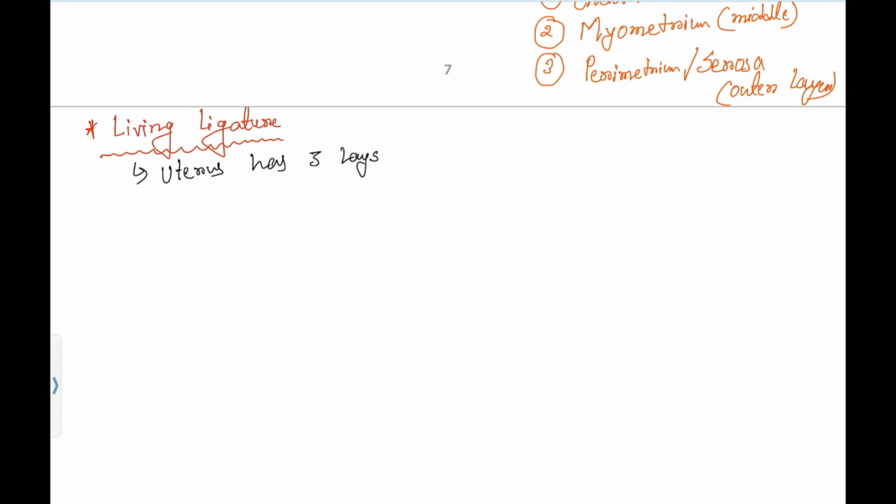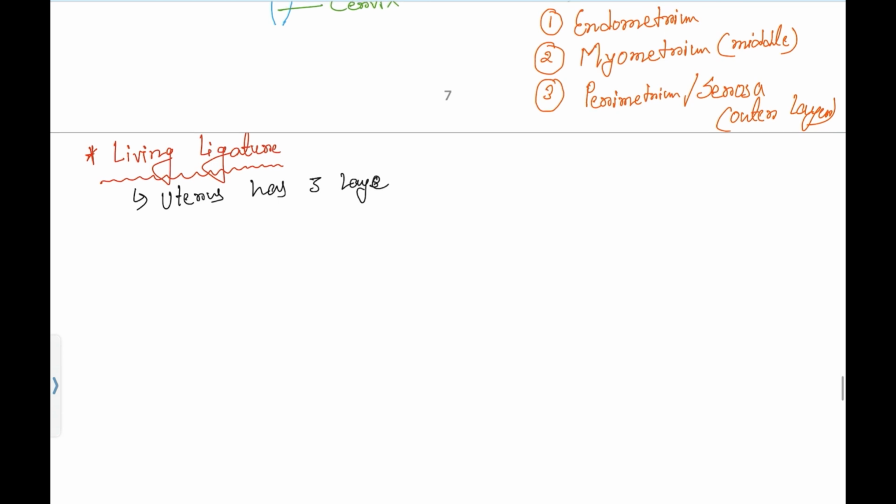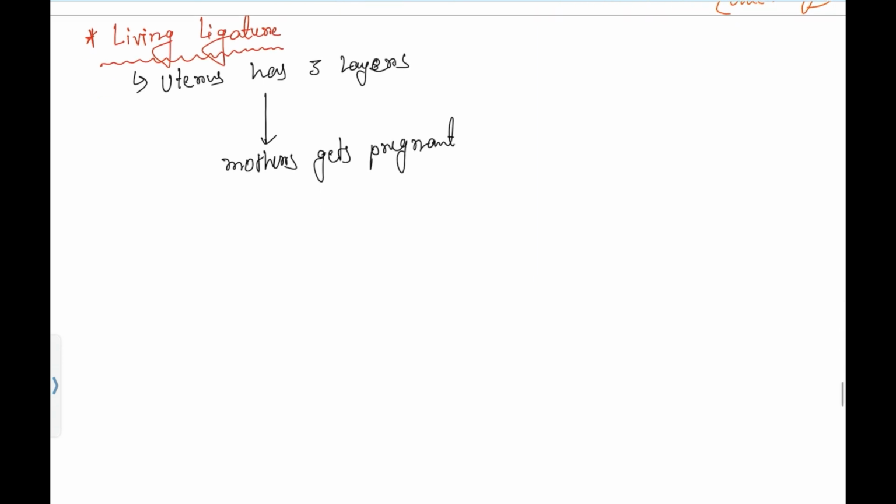Now when the mother gets pregnant, all the layers will increase in length, volume, etc. Not only will the whole uterus increase and its bulkiness increase, along with that the myometrium portion also increases. In the myometrium the number of fibers and blood vessels increase.